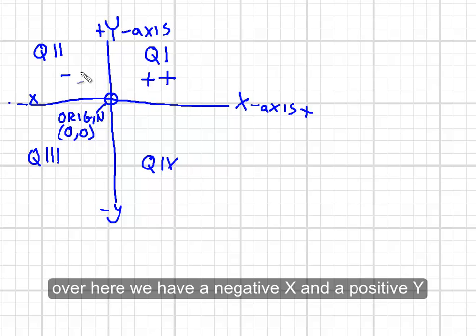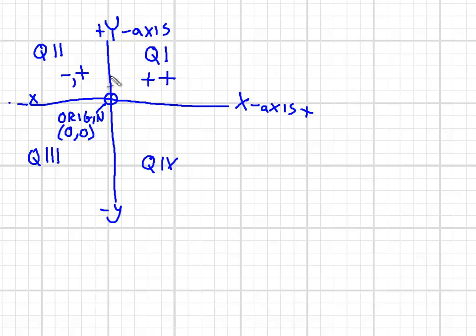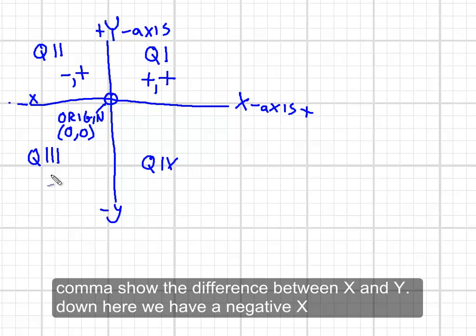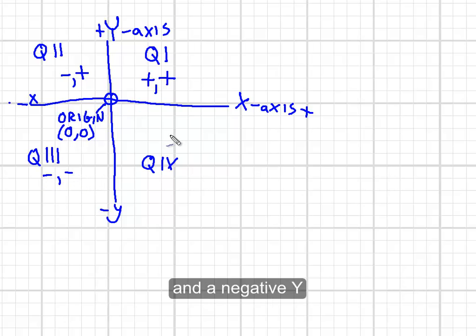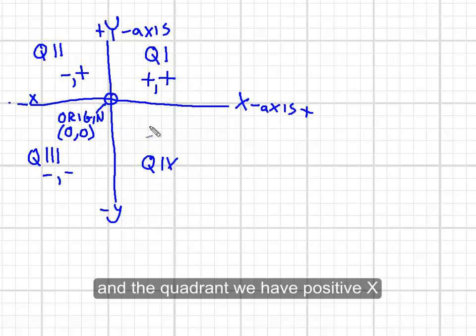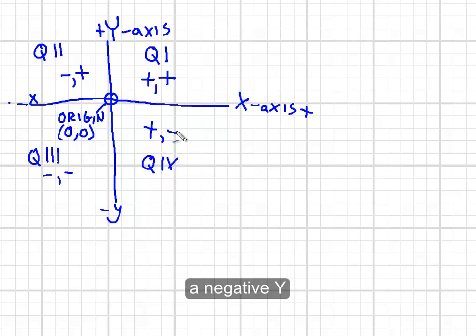Over here we'd have a negative x and a positive y. I'll put a little comma here to show the difference between those. Down here we'd have a negative x and a negative y. In this quadrant, we're on the right side of it, so this is a positive x and a negative y. So that works pretty good.